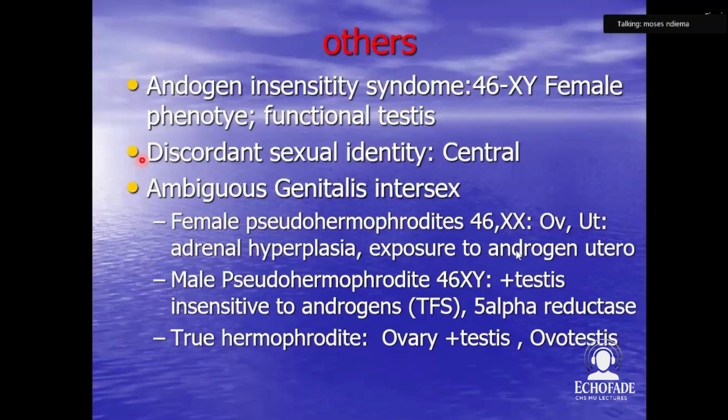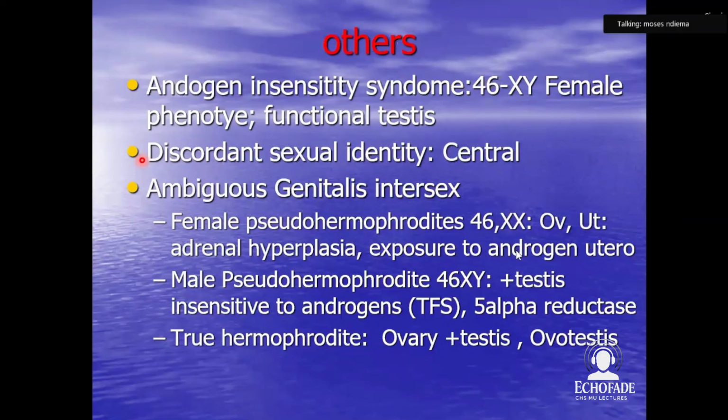We can have what is true hermaphrodite and pseudohermaphrodite. True hermaphrodite is where you have both male and female organs.